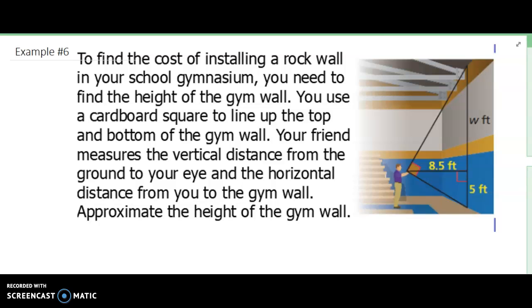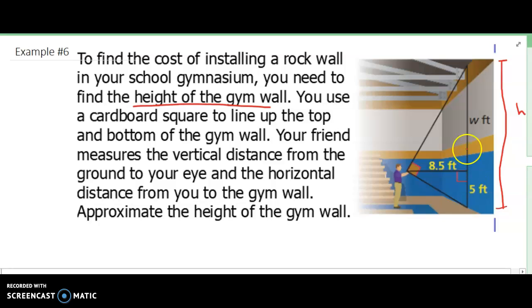It's example 6. It says to find the cost of installing a rock wall in your school gymnasium, you need to find the height of the gym wall. The height of the gym wall is from here all the way down. We want to find this height. You use a cardboard square to line up the tip and the bottom of the gym wall. Your friend measures the vertical distance from the ground to the eye and the horizontal distance, and approximates the height of the gym wall.